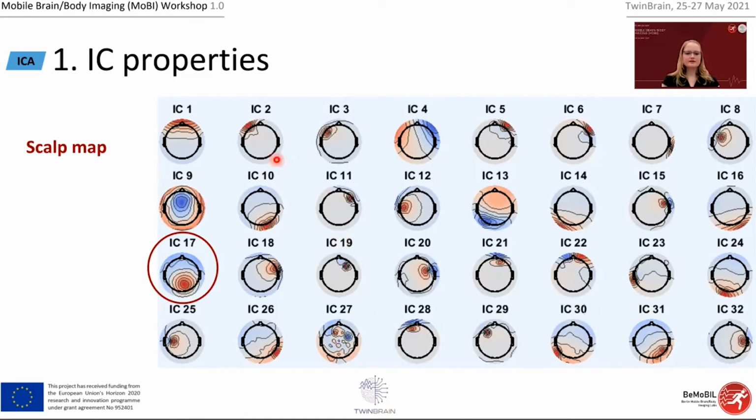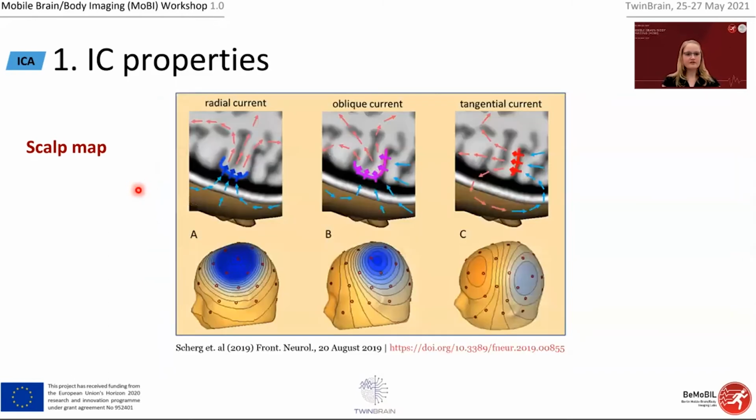Some of them we're going to see in more detail in the later slides, just for you to know how different they may be, and hopefully you can make more sense out of that after this talk.